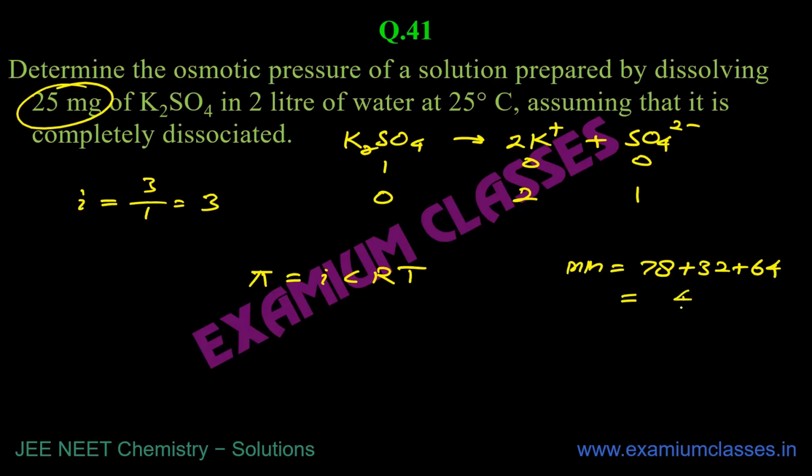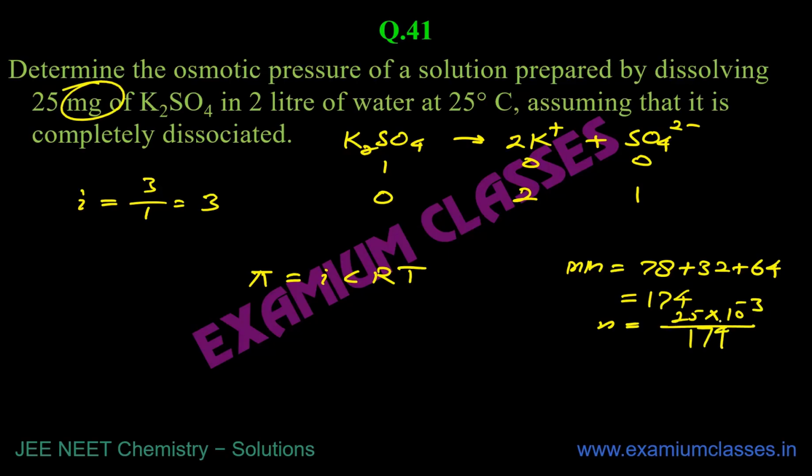Okay. 174. So molar mass is 174. So number of moles, N will be given mass, which is 25 into 10 to the power minus 3. Remember, it is given in milligrams. So that's why I'm writing 10 to the power minus 3, divided by 174.